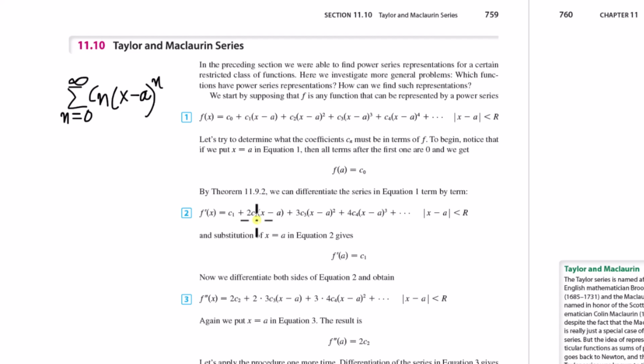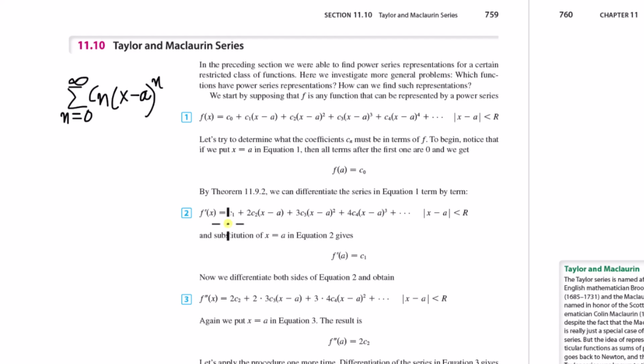Every successive term still has an x variable, but the power reduces by 1. The radius of convergence, not the interval of convergence, doesn't change. Plug in x equals a here, and everything goes away but the c sub 1 term.